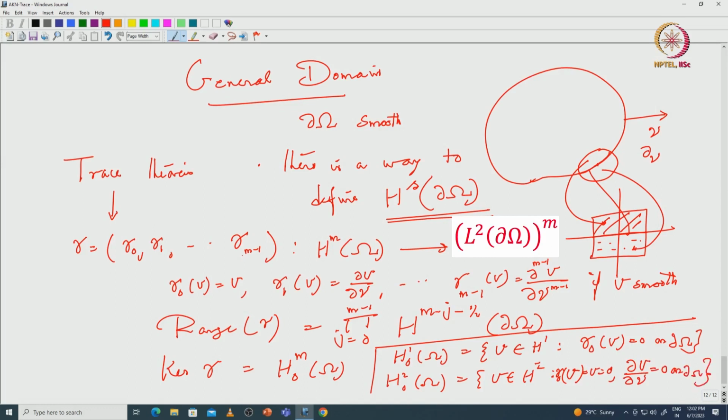So H^2_0 of omega is the set of V in H2 where both V and dV by d nu are 0.